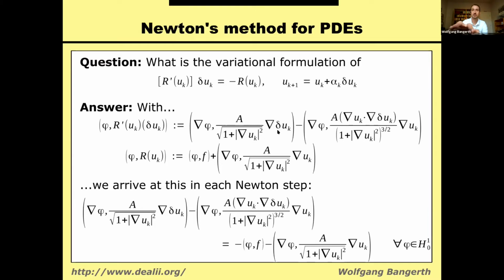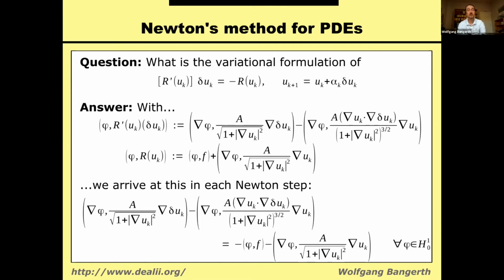So there are two terms, and the residual itself looks like this after integration by parts. In each Newton step, we have to solve this sort of equation for delta u_k, which appears here and which appears here. And you see, it requires a little bit of calculation. If the problem was any more complicated, then doing this would be, well, let's say annoying.